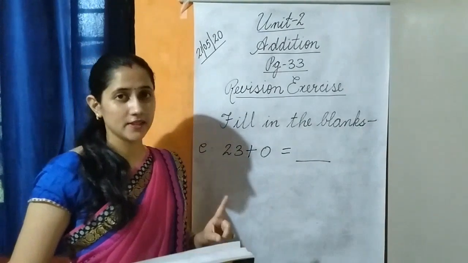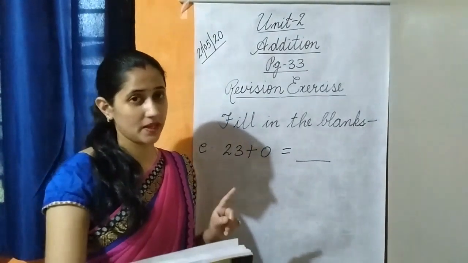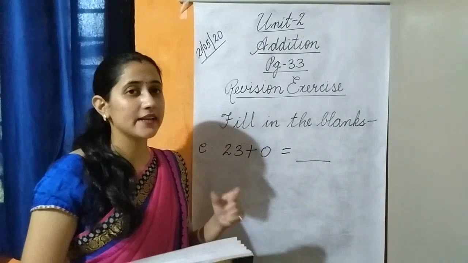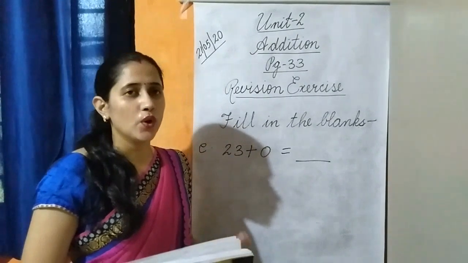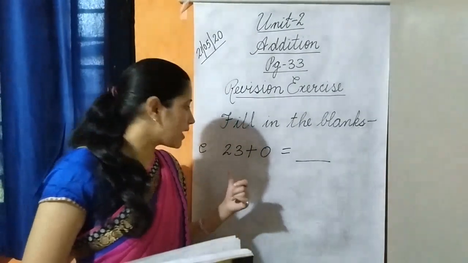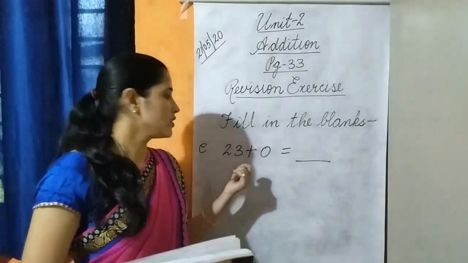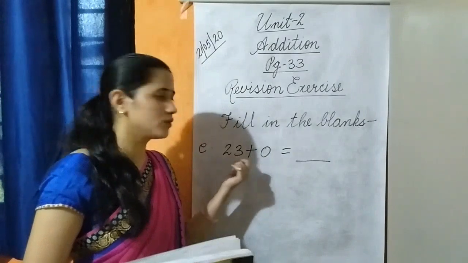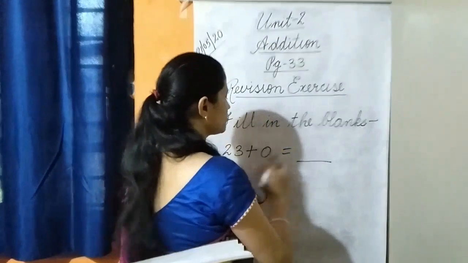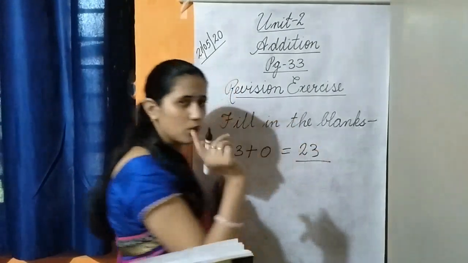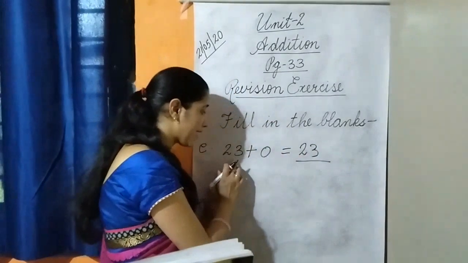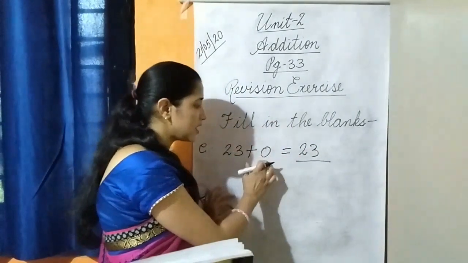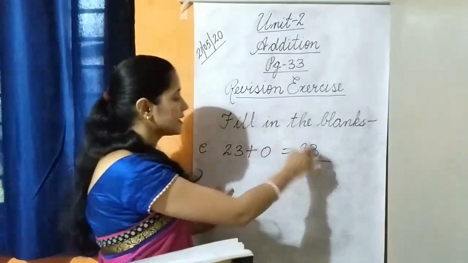This also I explained to you yesterday. Whenever we add any number with 0, the answer is the number itself only. So 3 plus 0, 3, and 2. We don't have any value to add with 2. So 23 plus 0 will be 23 only, because whenever we add any number with 0, the sum is the number itself.